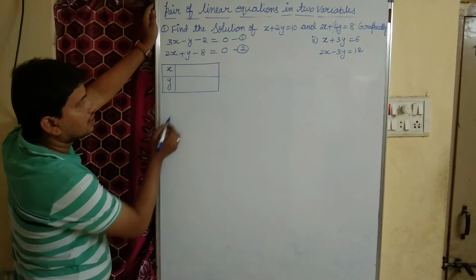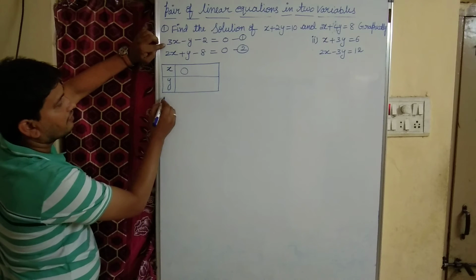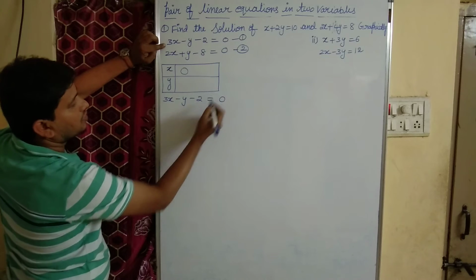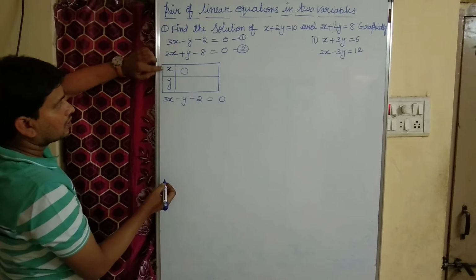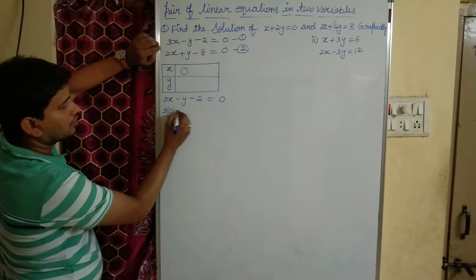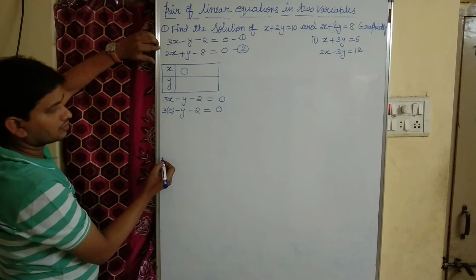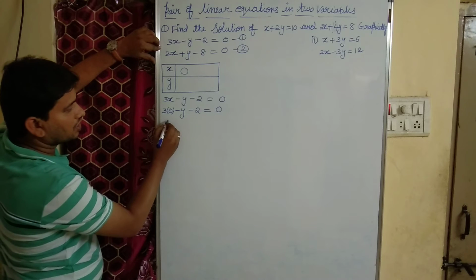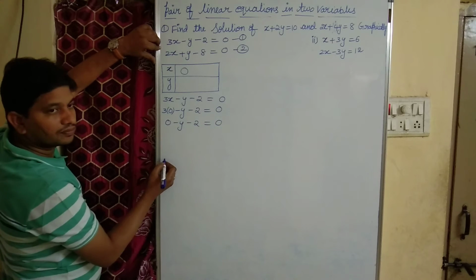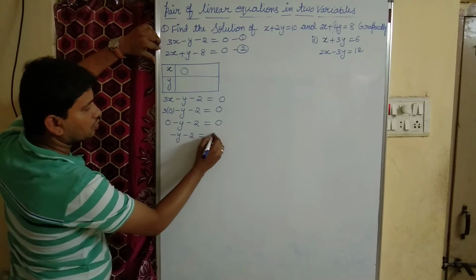So first case, let me take x value 0. Our equation number 1 is 3x minus y minus 2 equal to 0. Let me take x value 0. 3 into 0 minus y minus 2 equal to 0. As 3 0s are 0, minus y minus 2 equal to 0.